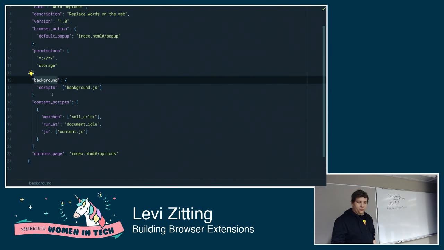Now, let me take a second and talk about Firefox and Edge. Both of these browsers adhere to a brand new spec that is currently making its way through the W3C called the Web Extensions API. And the Web Extensions API is actually modeled exactly after the Google Chrome APIs. So for the most part, you can use the same code you would normally and just change a couple of things.